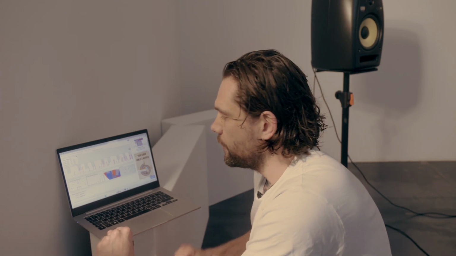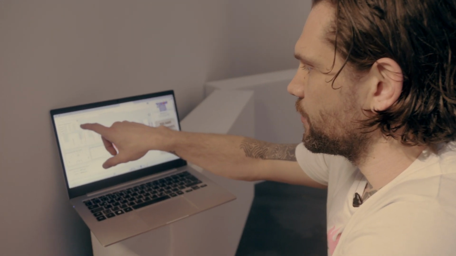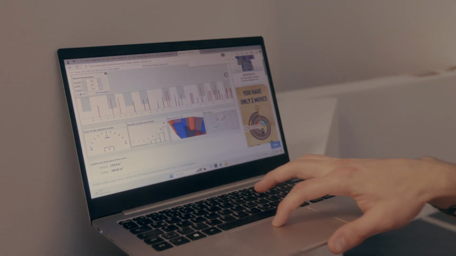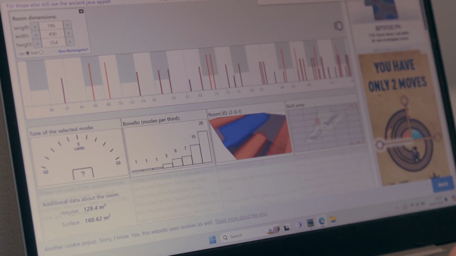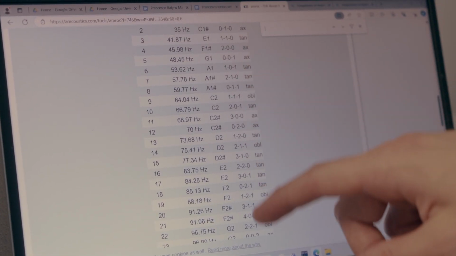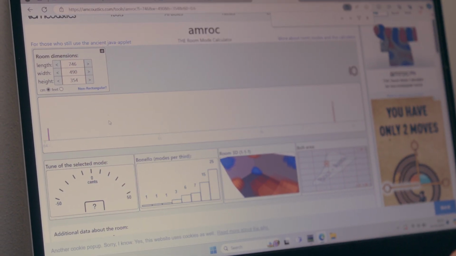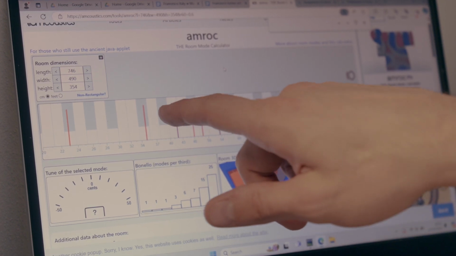Okay, so what I'm doing now, I've loaded the basic dimensions, length, width, height, into a room mode calculator. Then I'm seeing this picture of how the modes are distributed in the room. It also gives a really nice little overview here that you can work with without so much visual information. I prefer that actually, but for this purpose we're going to use this one.